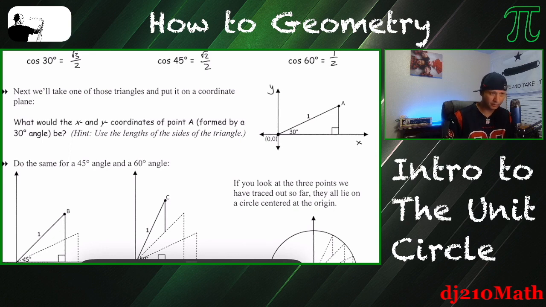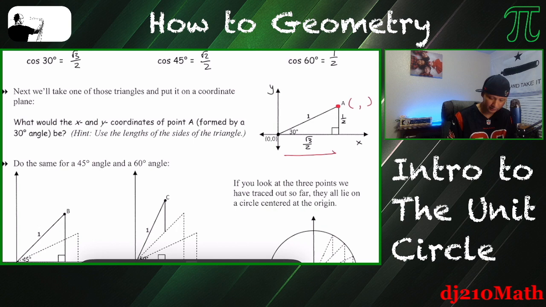So the long side, this was √3/2, and this was 1/2. So what this is saying is point A has a coordinate, right? An x comma y, some x length and then some y length.